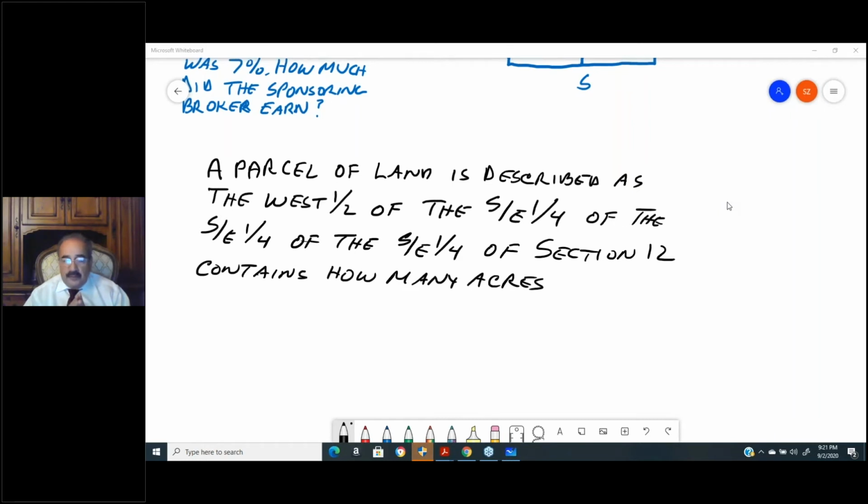I want all of you to try this. It's like figuring out a puzzle. You don't have to draw it out, just write it out, figure it out.